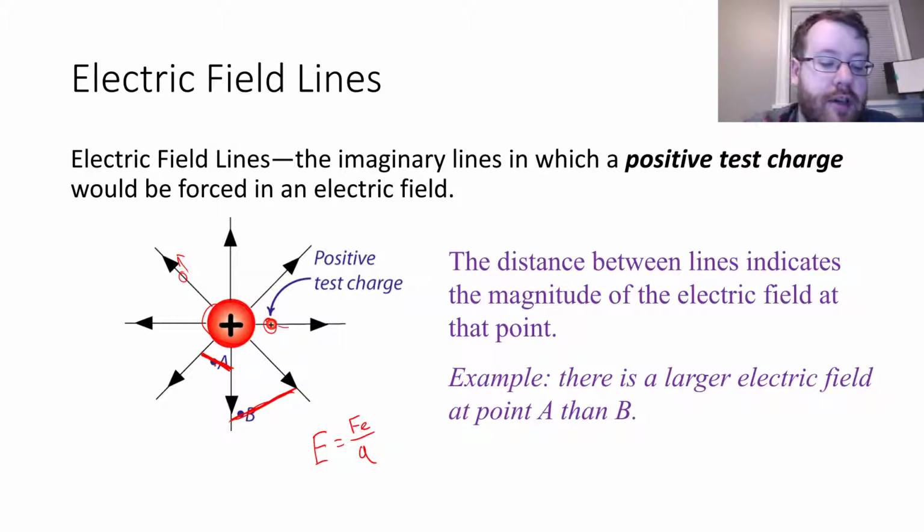And this should make sense because point A is closer to the charged particle. You would expect a greater force than at point B, which is further away from the charged particle.